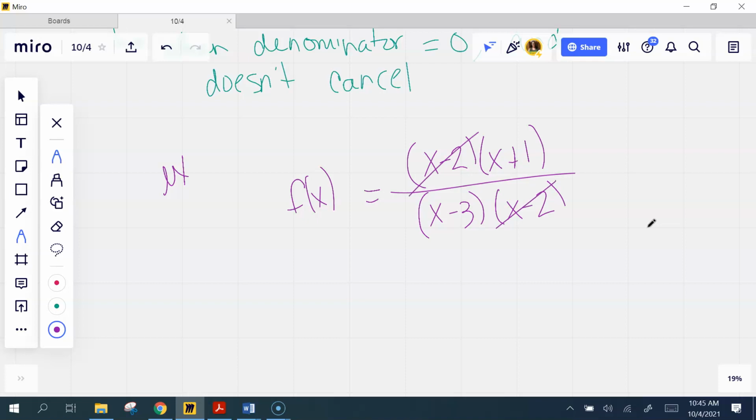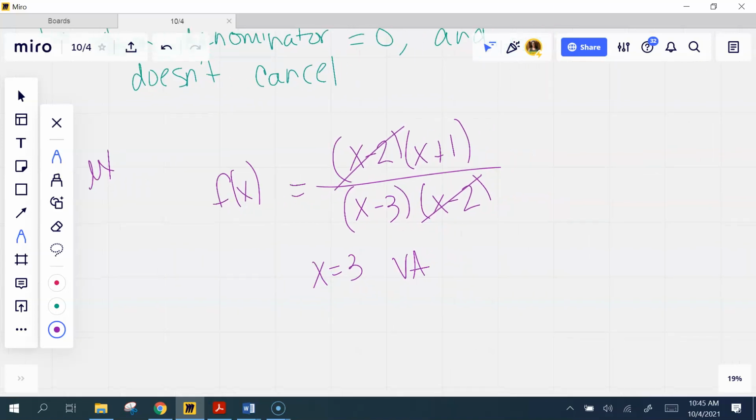This is what I mean by canceling term. So x equals 3 is my vertical asymptote, even though here x cannot be 2, right? Do you agree with that? It can't be 2, but it's not an asymptote because it cancels in the top and the bottom. What this tells me is x equals 2 is a hole in the graph.